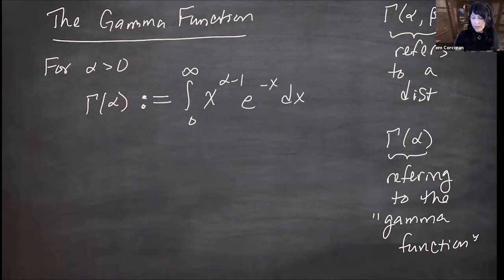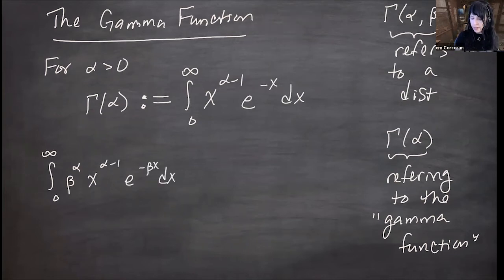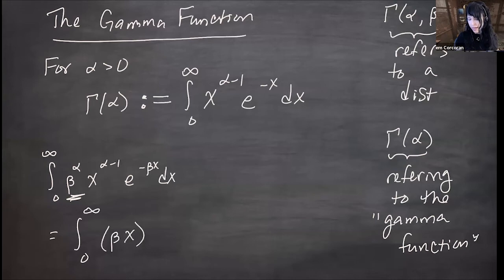So check this out. If you look at the PDF for the gamma and you integrate from 0 to infinity, beta to the alpha, ignoring the gamma part, x to the alpha minus 1, e to the minus beta x dx, you can put alpha minus 1 of these betas together with the x. So you have beta x to the alpha minus 1, e to the minus beta x, and then another beta dx.